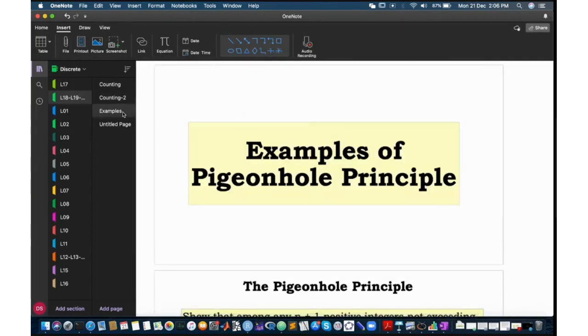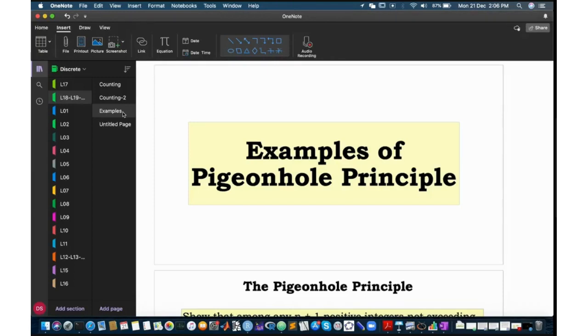Alright, today the plan is to do some examples of the pigeonhole principle. As I told you last time, it's used very effectively in active research. There are very non-trivial statements which you look at and find not very intuitive, but somehow the pigeonhole principle helps you derive proofs for those statements.